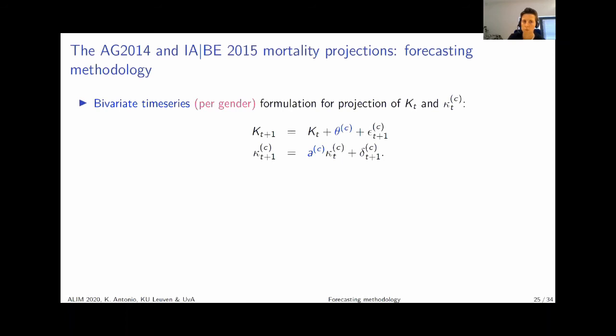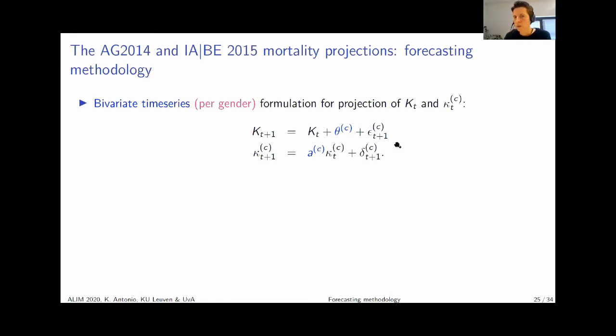Order 1 because we're using kappa t plus 1 as a function of kappa t, and this is our autoregressive parameter, that's the A. In order for this time series model not to diverge, this A parameter should in absolute value be smaller than 1. I will add a few extra notes on that later on via Toledo. But this is the specification that we want to use.